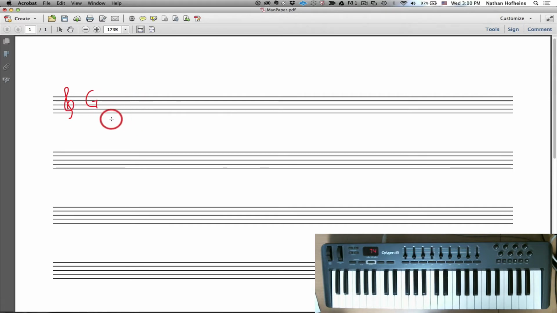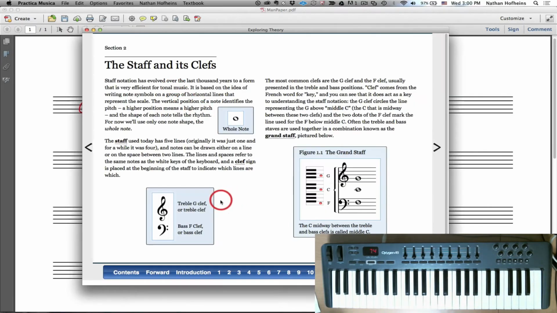And the line that this part curves around is the G line. That's where that centers out. So that's G. If middle C is here, we've got G up here, and that's this line right here. So that's why we call it the G clef.